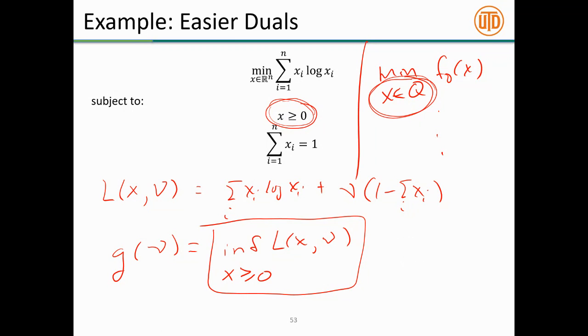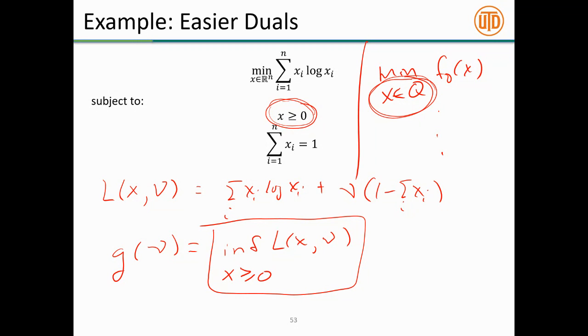So there's a question: can we do this because the domain of log x is greater than or equal to 0? The answer is yes, but you could have substituted any constraint in here that you wanted. The x greater than or equal to 0 constraint is a good one to pick because the objective function is only defined over that domain.